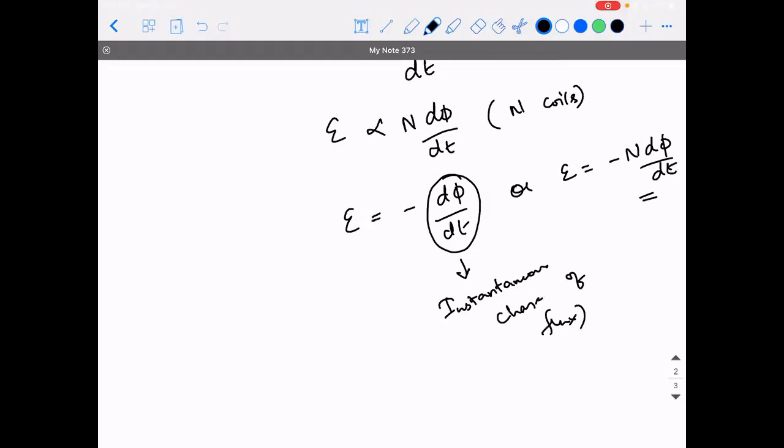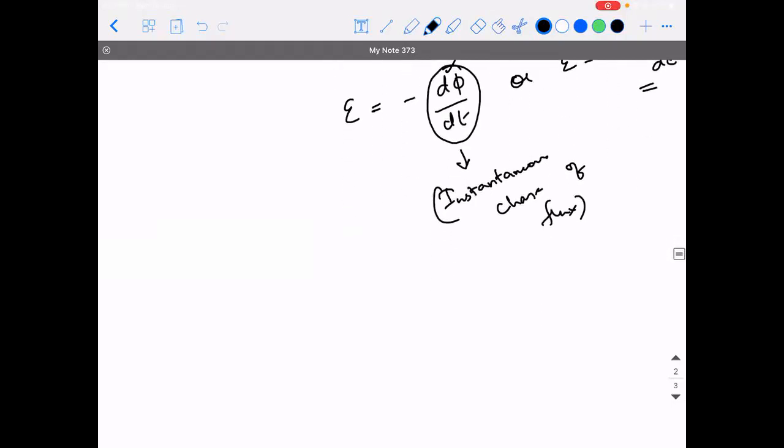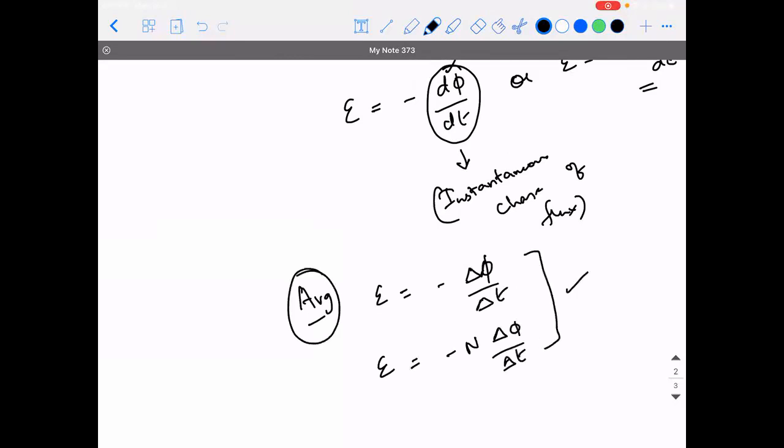But there is a possibility where there can be an average change also. When you say instantaneous, you write it as a derivative of something, right? When we talk about average, E will be equal to minus delta phi by delta t, or EMF is equal to minus n into delta phi by delta t. So you will use this formula under the average case.